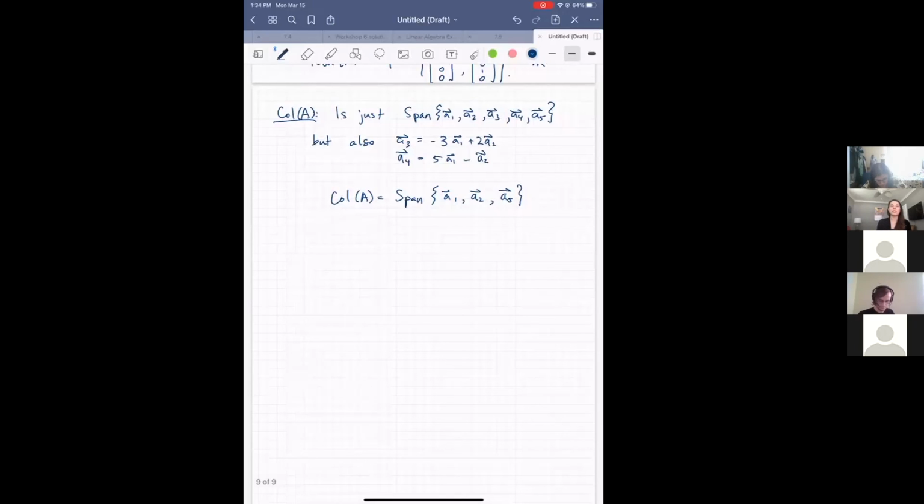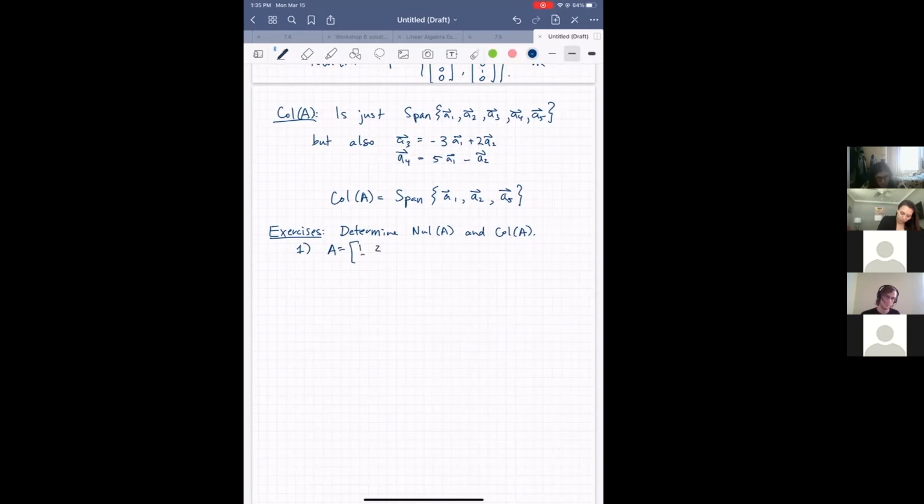Okay, so I'm going to have you guys do a couple of practice problems, just determining the null space and column space for a couple of matrices. I want you to determine the null space and column space for the following. I'll just label these with numbers.